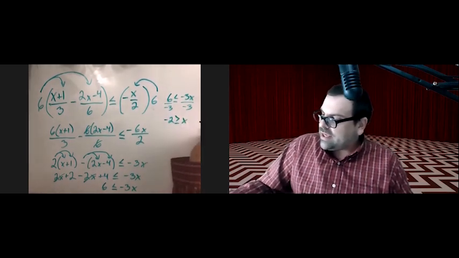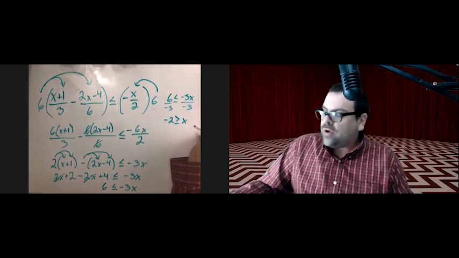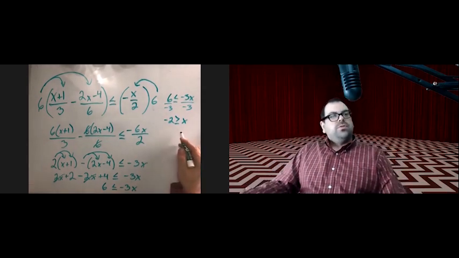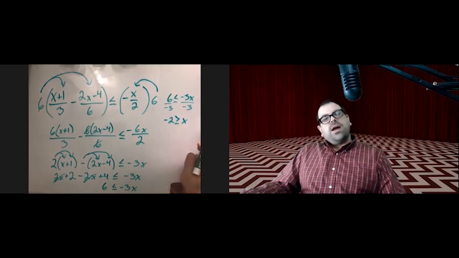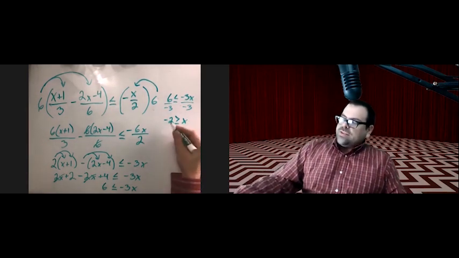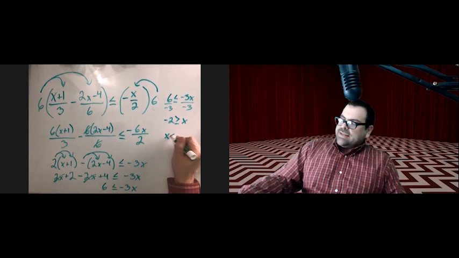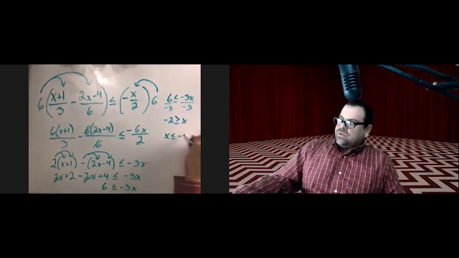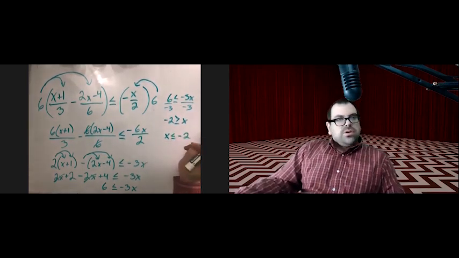We're just left with the x there. Be super careful. This one ended up with our x on the right. This would be the same as x is less than or equal to negative 2.